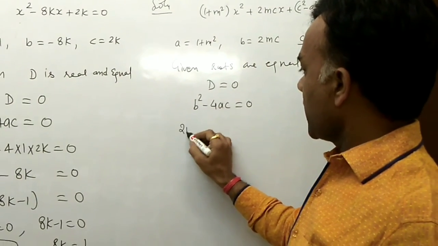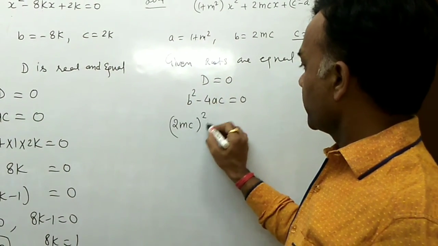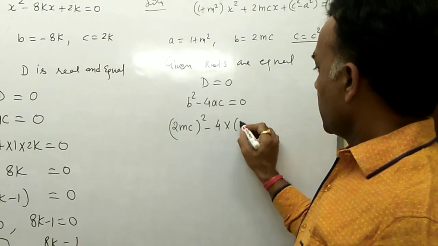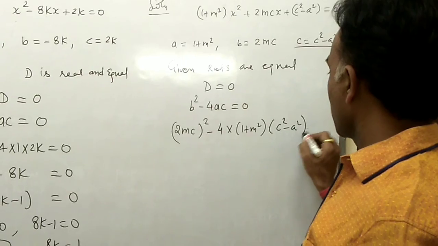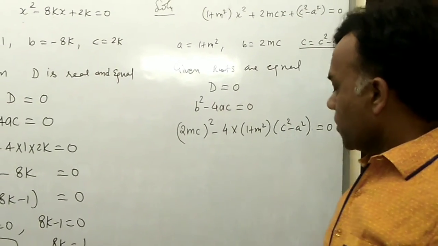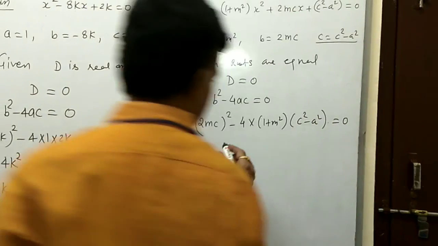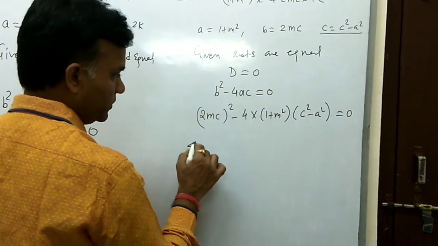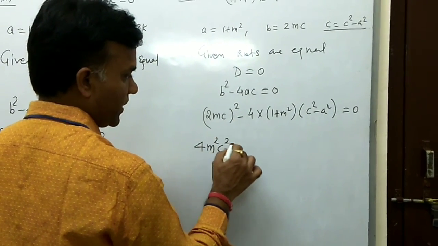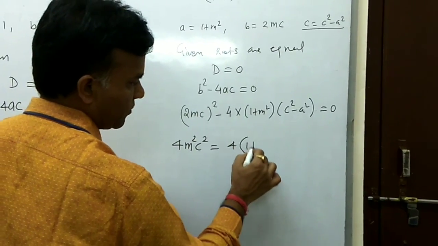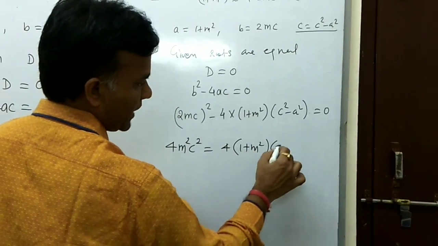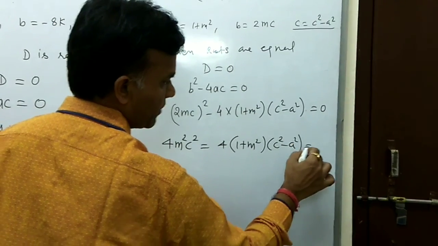That is (2mc) whole square minus 4 into (1 plus m square) into (c square minus a square) equal to 0. First open the bracket: 4 m square c square, and this value goes to the right-hand side, so it is 4 times (1 plus m square) times (c square minus a square) equal to 0.